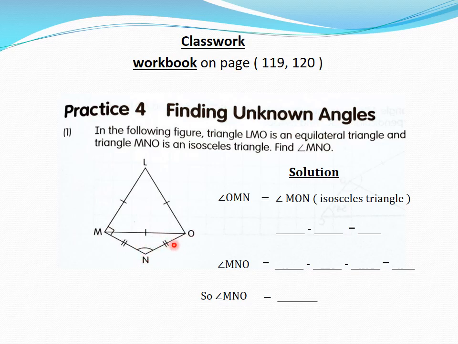It means two sides equally. So we need to find the angle N. But when you look at angle M, we have the perpendicular. So perpendicular means 90 degrees. So angle M is 90 degrees, but one side that we need to find the smaller isosceles triangle.